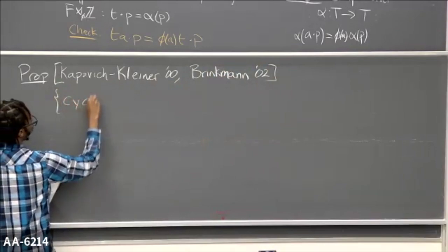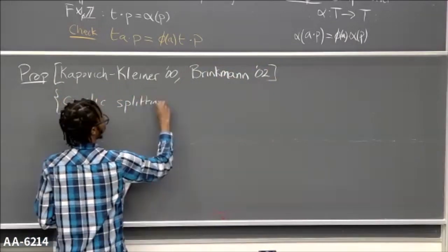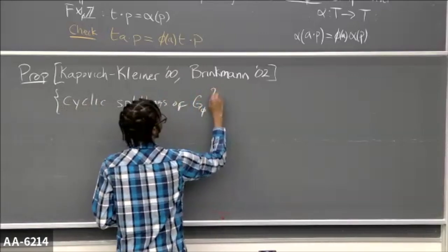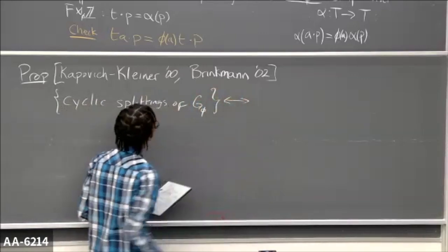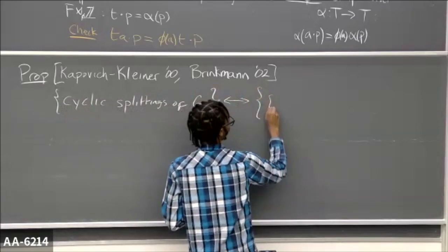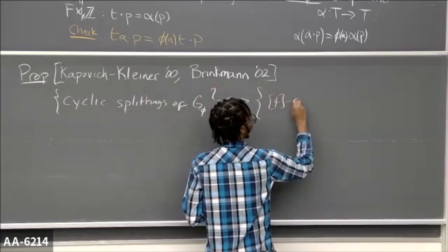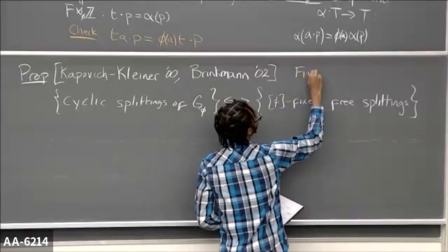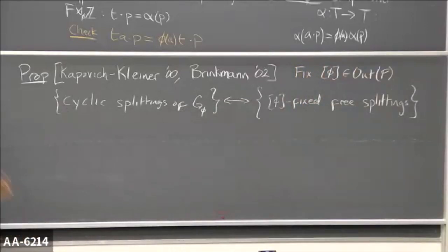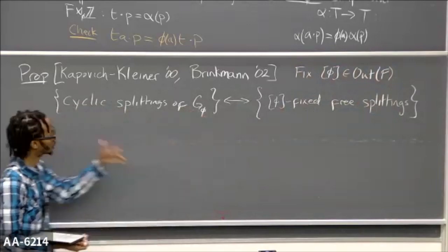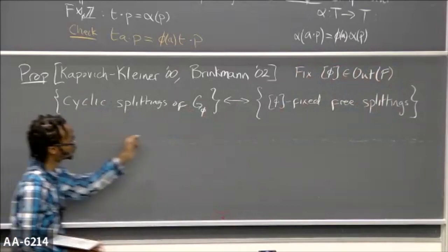Cyclic splittings of G_phi are in one-to-one correspondence with phi-fixed free splittings. So if I fix one presentation of G_phi, then I can go back and forth between fixed free splittings.